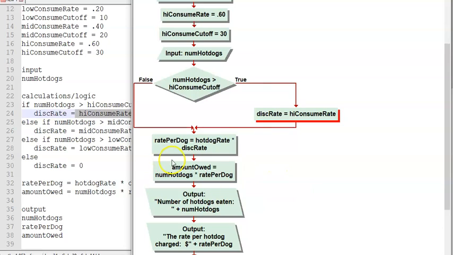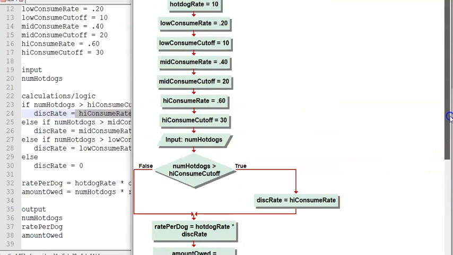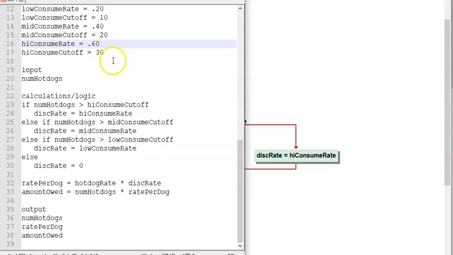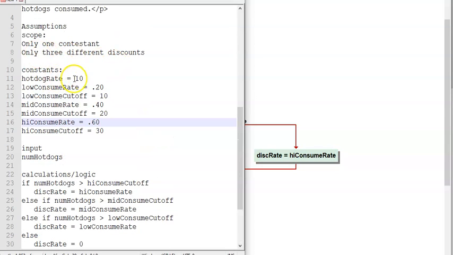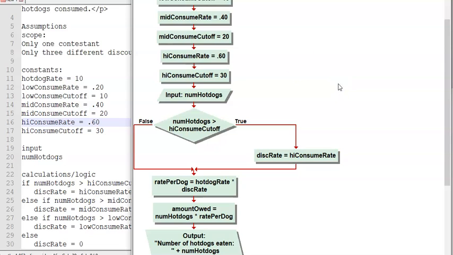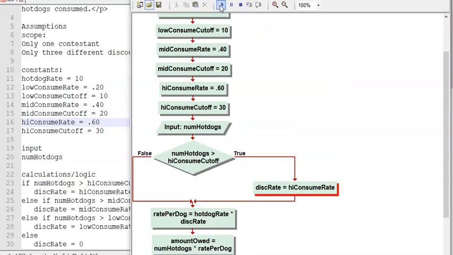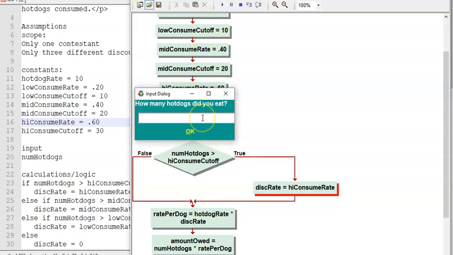So if I test this with something over 30, then I can see if this works. So let's go ahead and test it and see if it's working, because if it's over 30, they get 60% off, which means that the hot dog should be $4 a piece. So I'm going to hit the play button. I'm going to do 100 hot dogs, so the math is easy. That's obviously over 30.